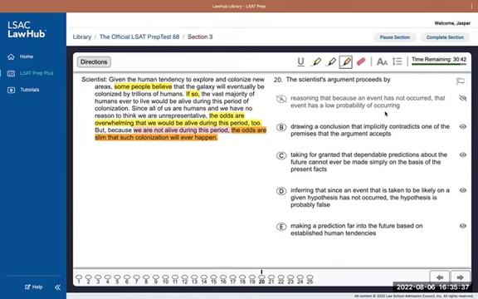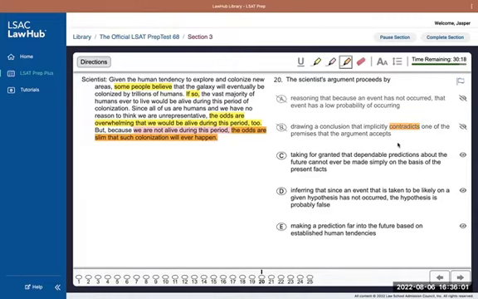B, drawing a conclusion that implicitly contradicts one of the premises that the argument accepts. I don't actually see a contradiction here. If that's something that you did see in this argument and you chose B, then let me know. But this is one where I would say, no, I didn't actually see a contradiction between the conclusion and the premises.